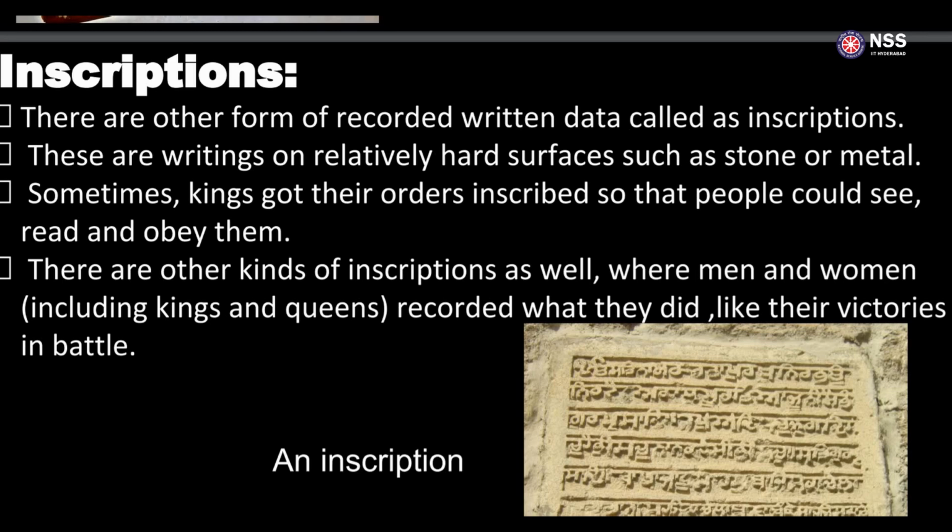Their achievements were also recorded because they would be lifelong. What you write once on the stone can't be erased, so it was like a memory for them. Even their orders were inscribed so that people could see and abide by them, and it would be forever. You could see an inscription on the rightmost side. It's inscribed on the wall.